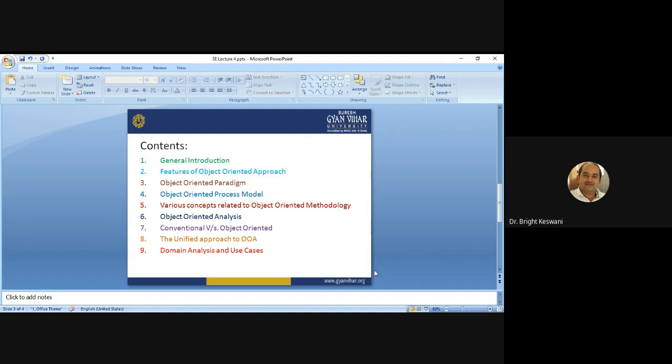But in the object oriented methodology, you are using UML diagrams, whereas we were using data flow diagrams in conventional methods. So this is the major difference between conventional analysis and object oriented analysis.